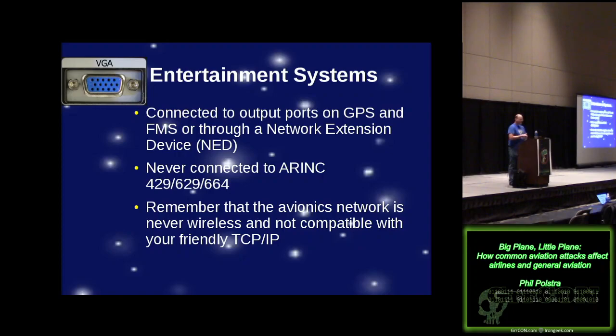One of them is directly from the GPS or the FMS. And if you're getting that information that way, it's connected through something called a NED, a network extension device. Important to realize this stuff is never connected into that ARINC bus or anything like that, right? Also, never wireless, not your father's TCP/IP, right?